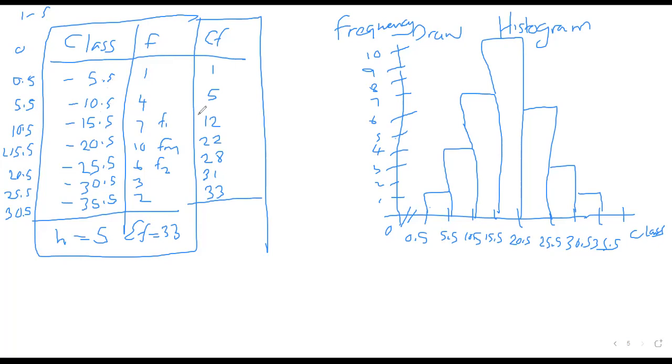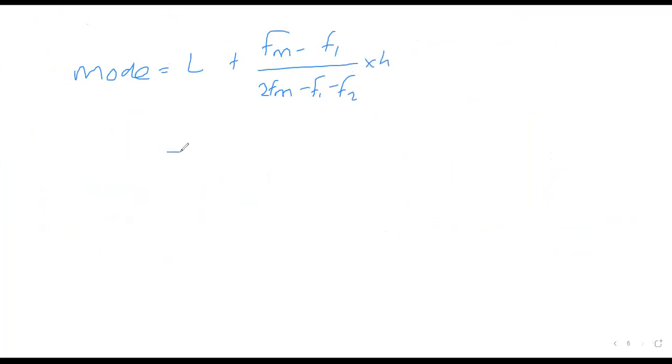So now we shall go to finding the mode. I said the mode is given by L plus FM minus F1 over 2FM minus F1 minus F2, times the height. So what was our L?